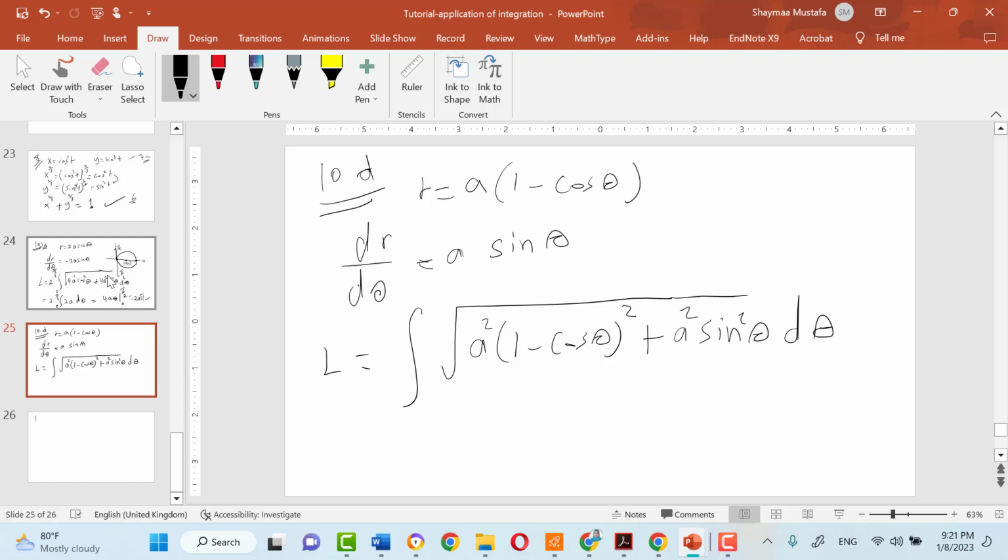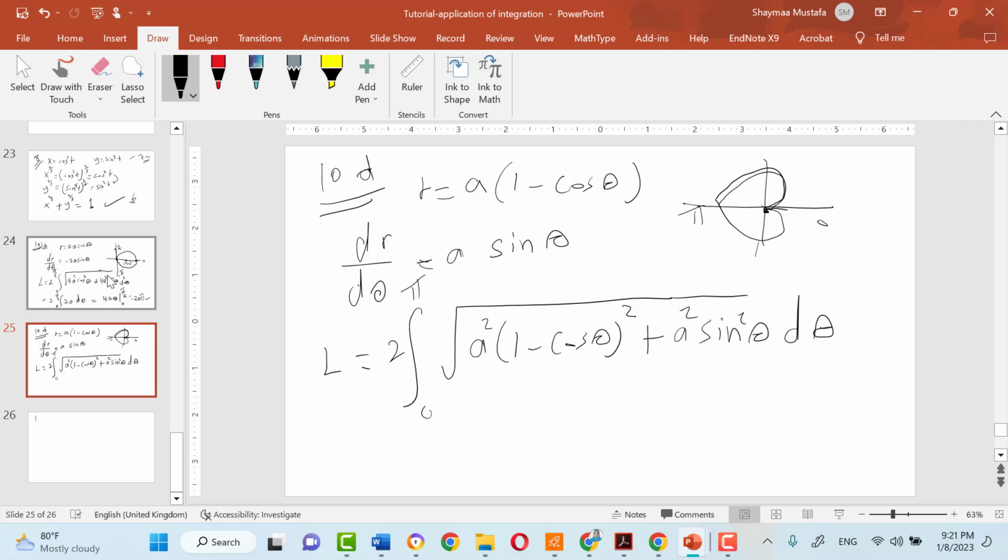Now this is the curve. If you make a plot for this one, this is the curve. So here I will integrate from 0 to pi and I will multiply by 2 to find the length, because you have symmetry around the x-axis.